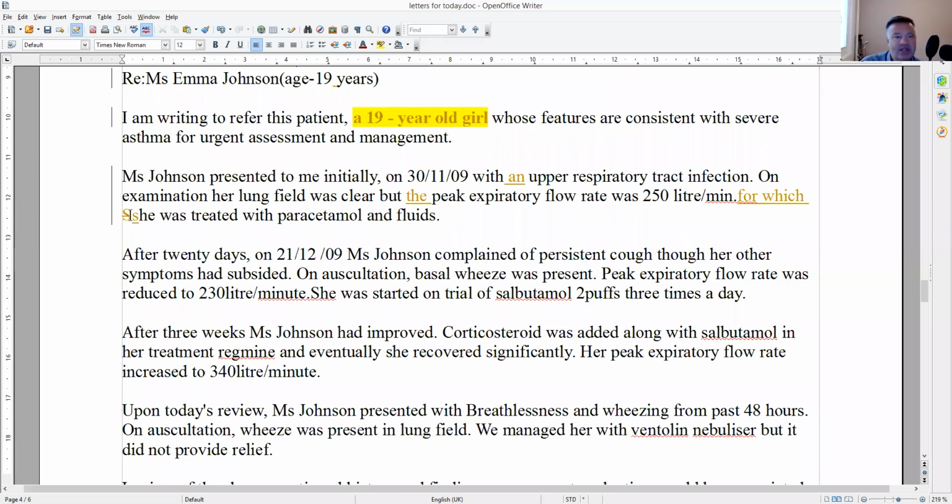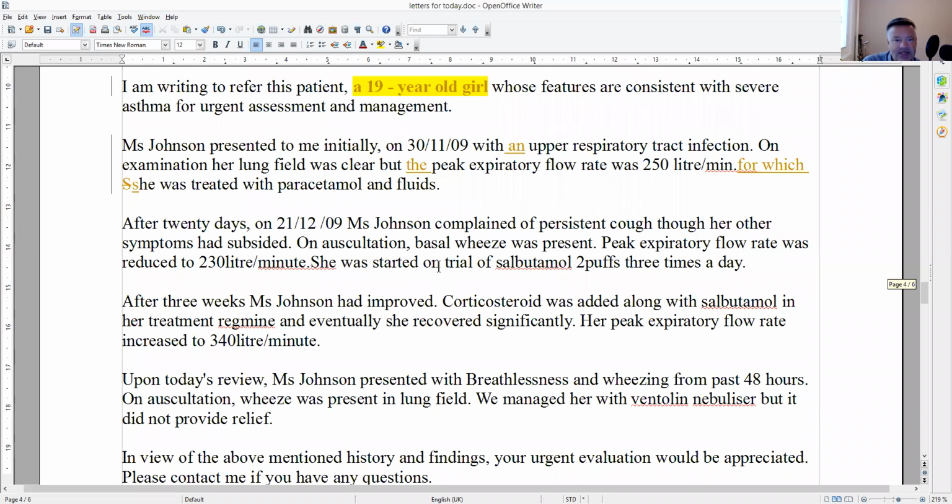No need to have two separate sentences there. After 20 days, on the 21st, Miss Johnson complained of a persistent cough, or complained of having a persistent cough, although her other symptoms had subsided. On auscultation, basal wheeze was present. Okay, that's a very short sentence, very short, simple sentence.